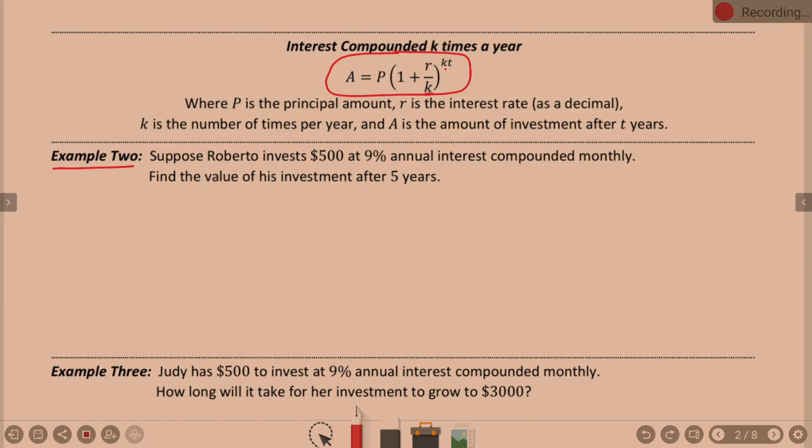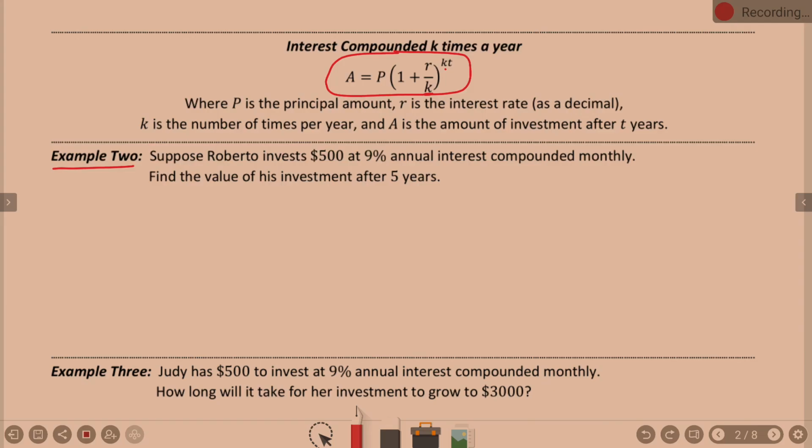Sorry, I had to think about what I said. Quarterly would be 4 times a year. I was thinking it said monthly. Monthly would be 12 times a year. Are you following me here? Okay. A is your total amount of the investment. T is years. So this formula can be used in all cases, which is why I'm going to focus on it today.